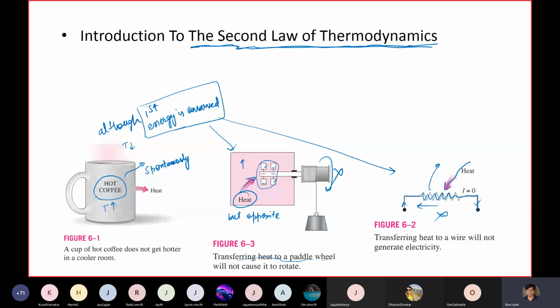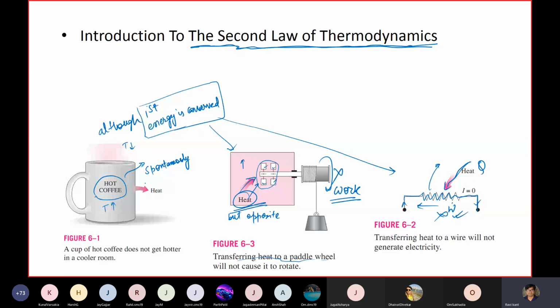Why? The same amount of heat I'm giving should also be converted to work, because it is also a form of energy, but in reality it doesn't happen. Also, the heat given to the electrical wire should generate some electrical energy out of it, but it doesn't happen.